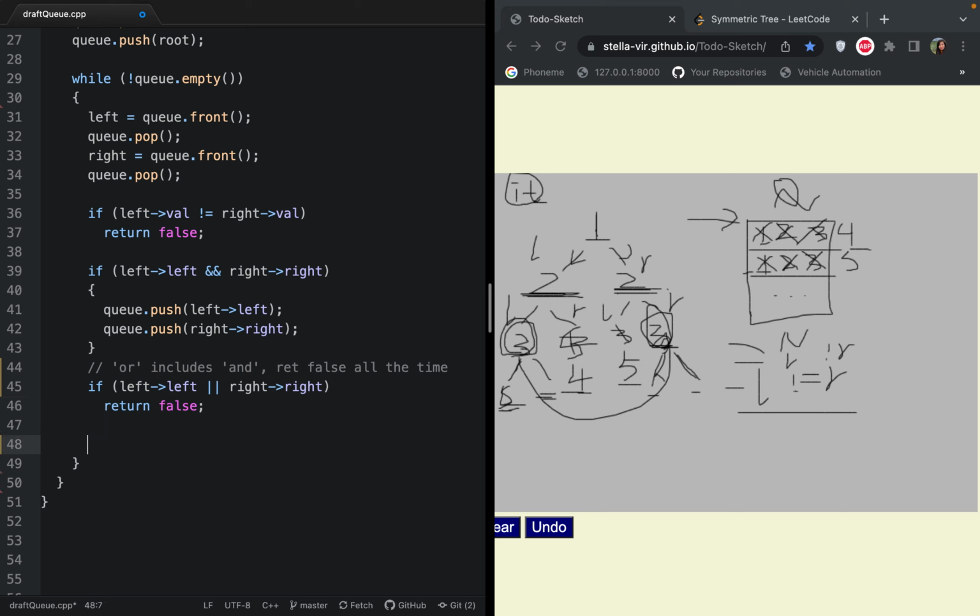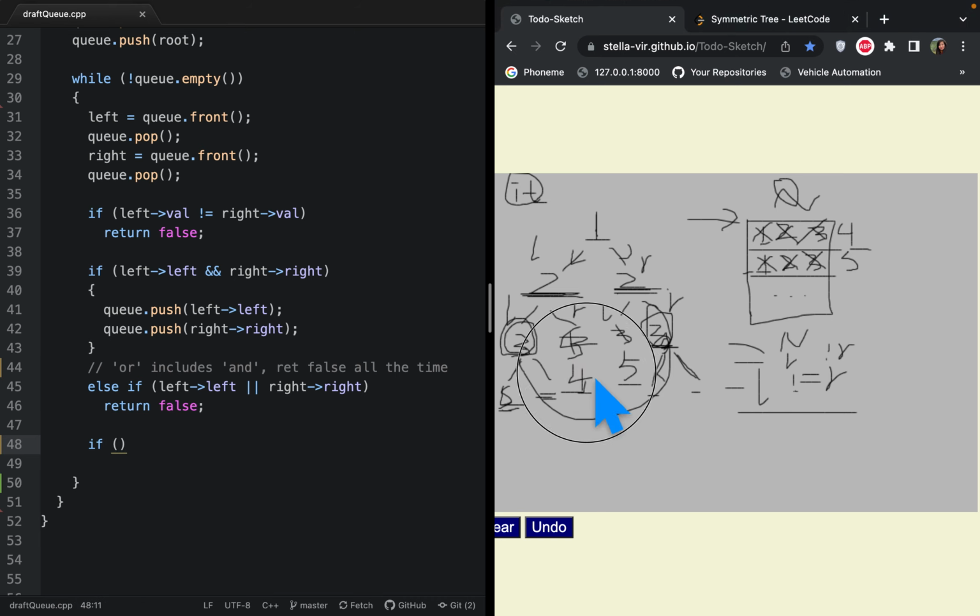Hope I've explained it. That's why we need to put else if, for the conditions where just one side exists. And a similar thing applies if we want to evaluate this one, 4 and 5. So 4 is the right side of this left node, and 5 is the left side of this right node.